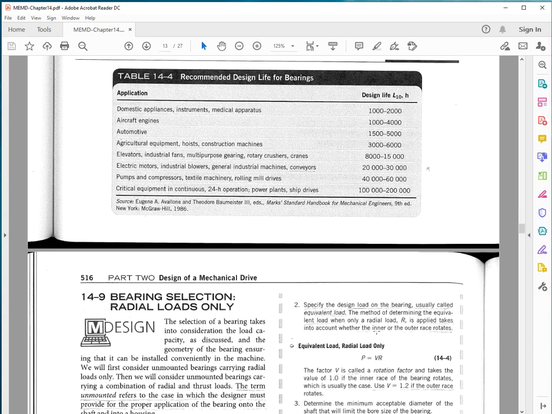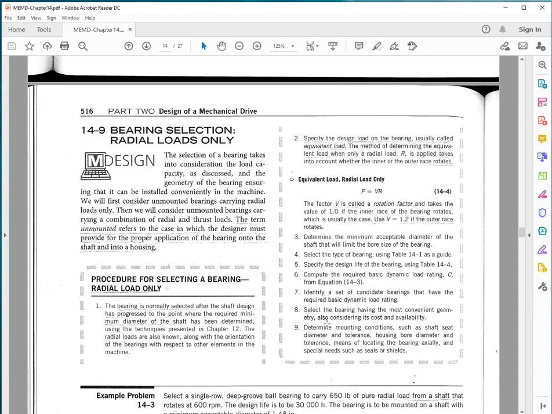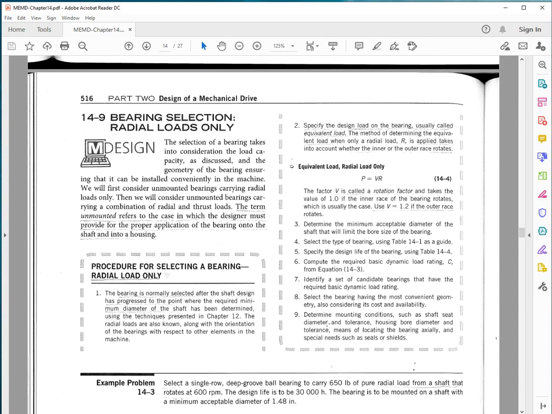Okay. All right. So when it comes to bearing selection now, it could be the case where we have a combination of radial load that's primarily expected, but you can also have thrust load.